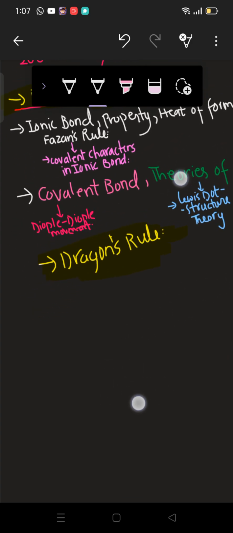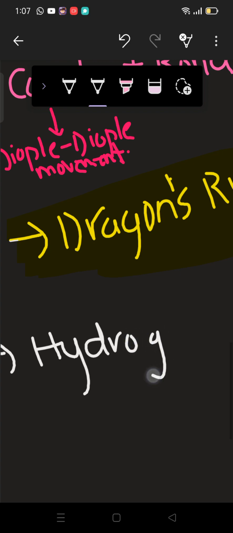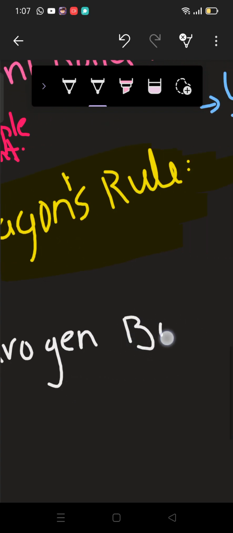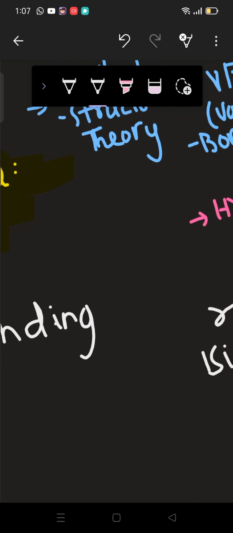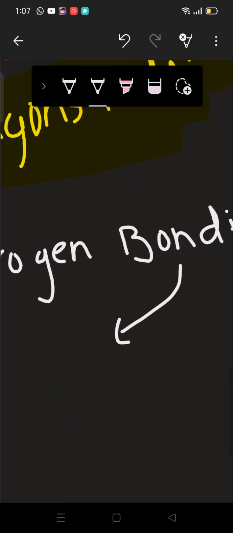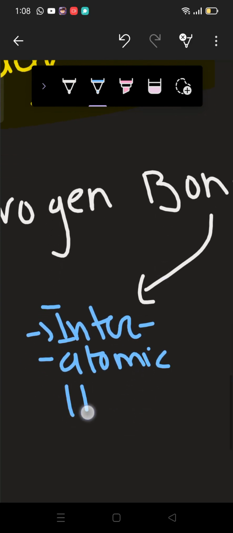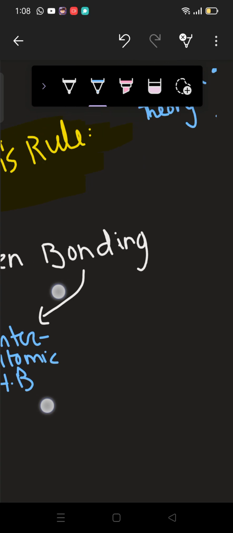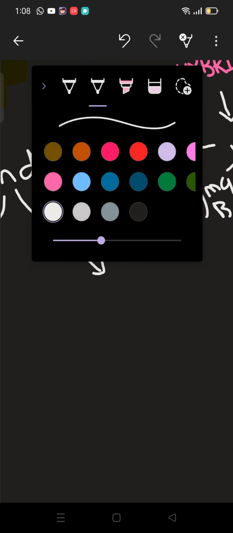Next comes the very important topic of hydrogen bonding. Again, we will be studying it in two types, right? Initially, our hydrogen bonding would be interatomic, and our next would be intraatomic.